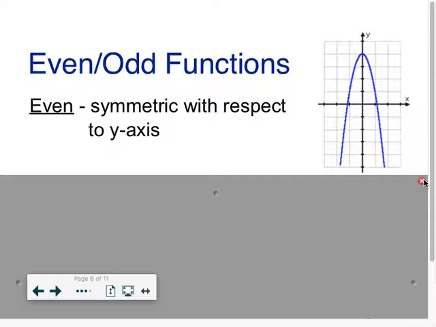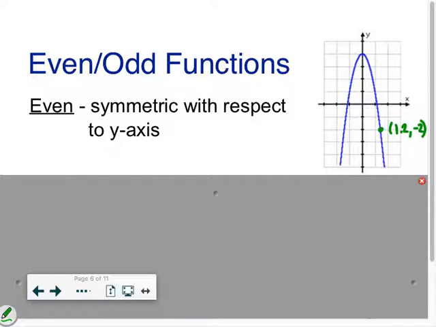I know it's hard for you to see from there, so I'm just going to list off some points on this function. And we're going to compare the x and the y values over the reflection. So you're going to be looking, what's the same, what's different? I'm going to do this point right here, a little bit more than 1 to the right, so I'm going to say 1.2, and then I'm going down 2.